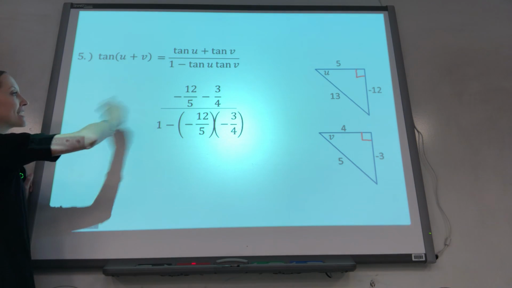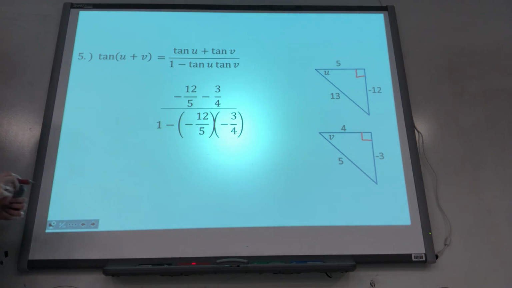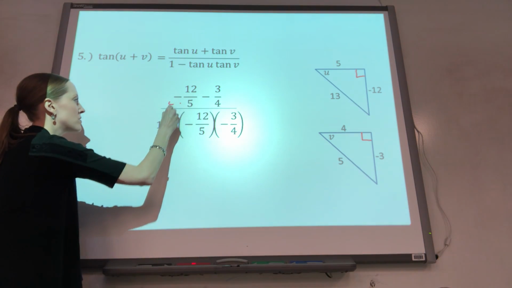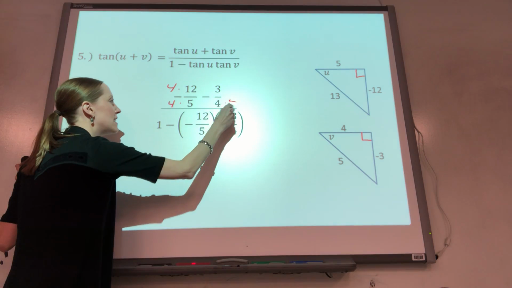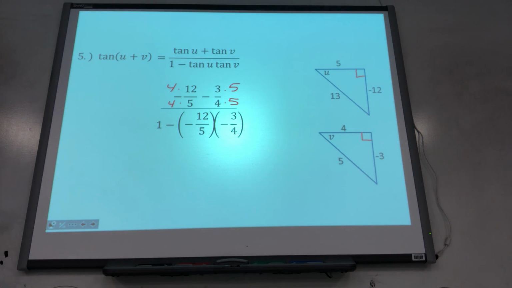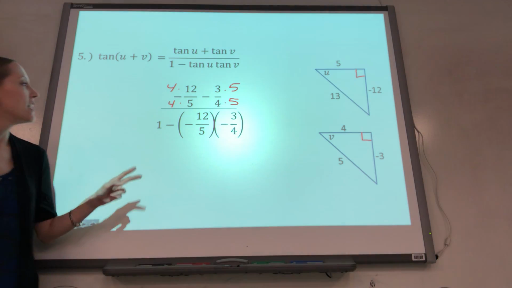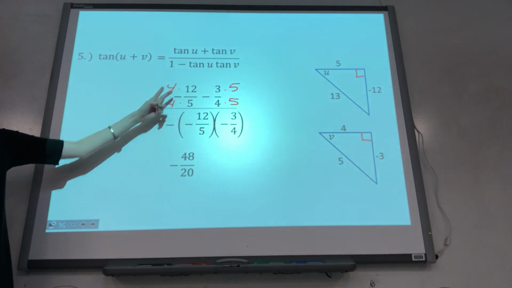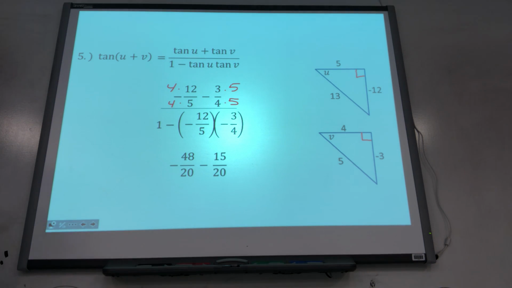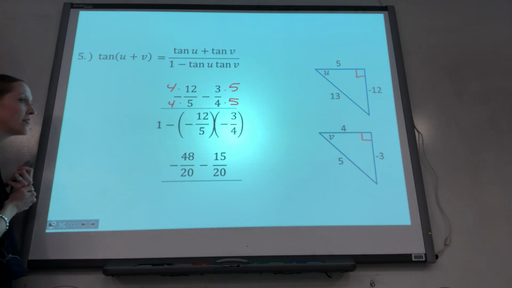But if you go back to the top, you're going to need some common denominators to actually subtract those. And I think the LCD is just 20. So multiply the first fraction by 4, the second by 5. Here we go. Negative 48 over 20 minus 15 over 20. I will subtract those here in just a second.